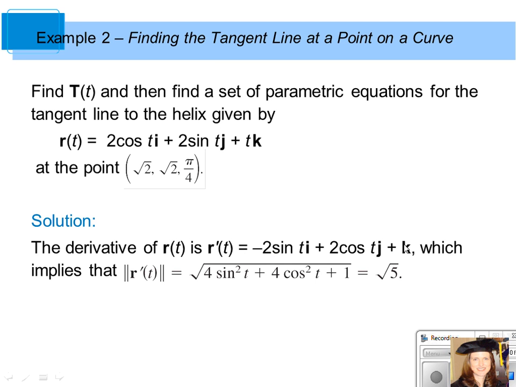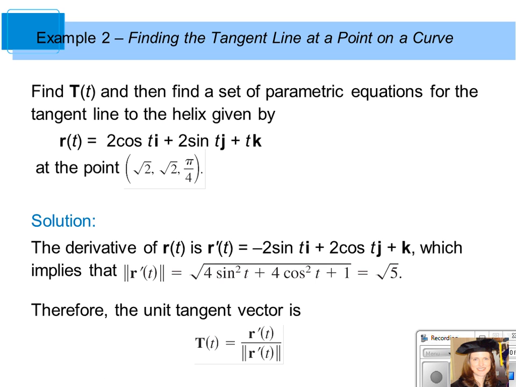You square each of the components, add them, and take the square root. When you square each of these, you get 4 sine squared t plus 4 cosine squared t plus 1. Using the identity that sine squared t plus cosine squared t is equal to 1, and factoring out the 4, this simplifies to the square root of 5.